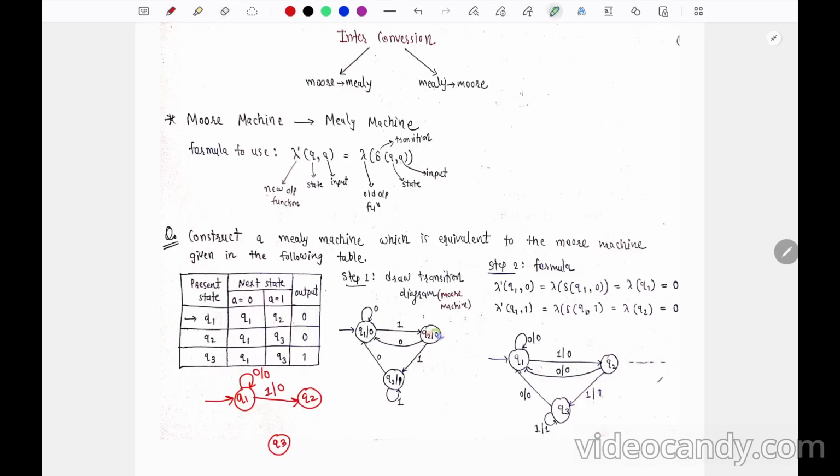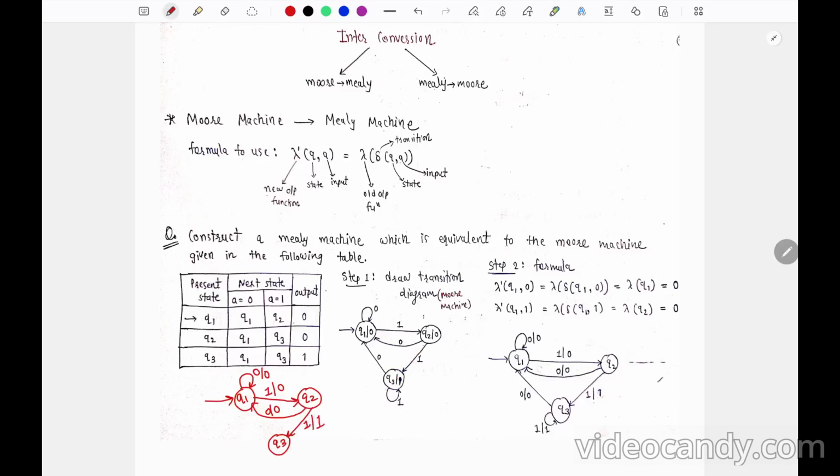Now we will see the Q2 state. If we give Q2 input 0, it goes to the state Q1, where the output of Q1 is 0. If we give Q2 input 1, it goes to the Q3 state, where the output of Q3 is 1.